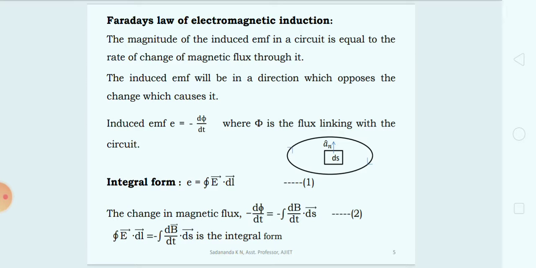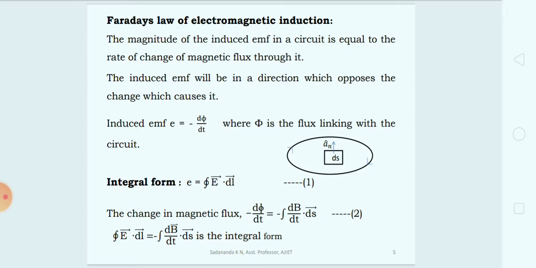It is the rate of change of magnetic flux linkage, which can be written as a surface integral of the rate of change of B dot ds, where B dot ds is nothing but the magnetic flux over the elemental surface area. Therefore, instead of phi you can write B dot ds. So d phi by dt can be written as the surface integral of dou by dou t of vector B dot vector ds.